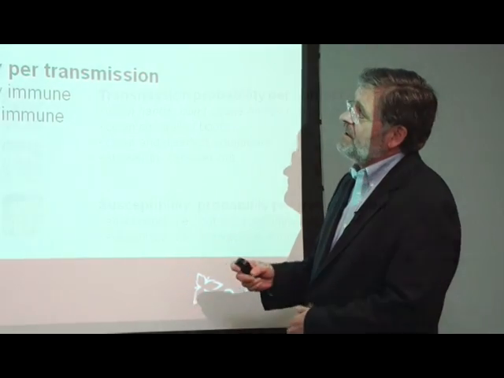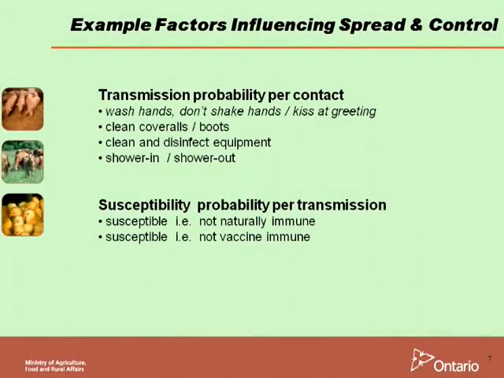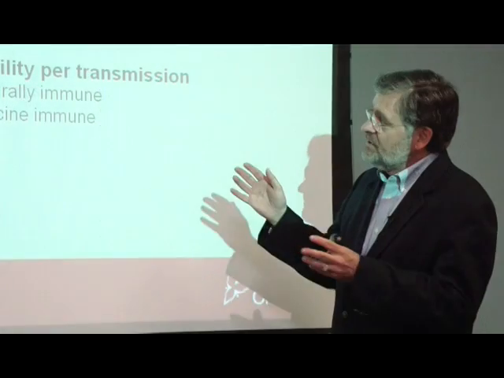Another thing then is, if you can't avoid contact, you can reduce the probability of transmission per contact. Somebody has to come onto your farm. It's essential, but what can you do to reduce the probability of that contact spreading disease? And that's where we talk about, in human terms, wash your hands, don't shake hands or kiss when you have a cold.